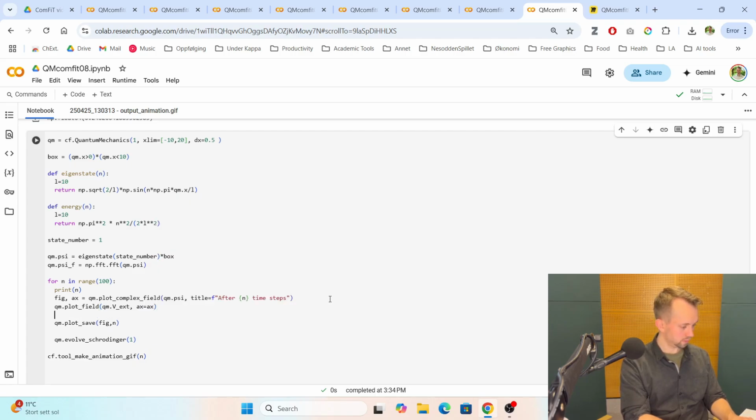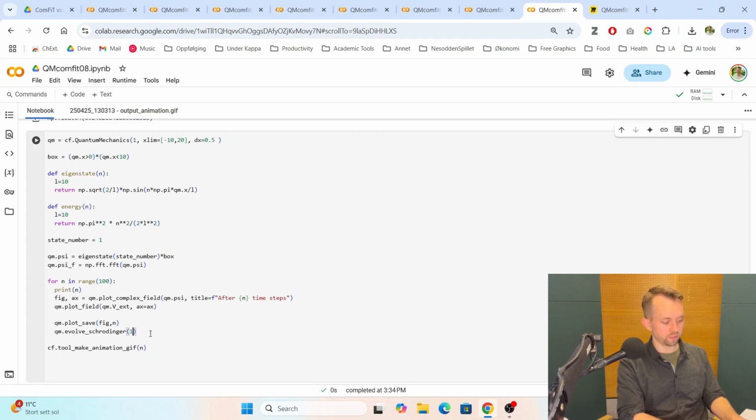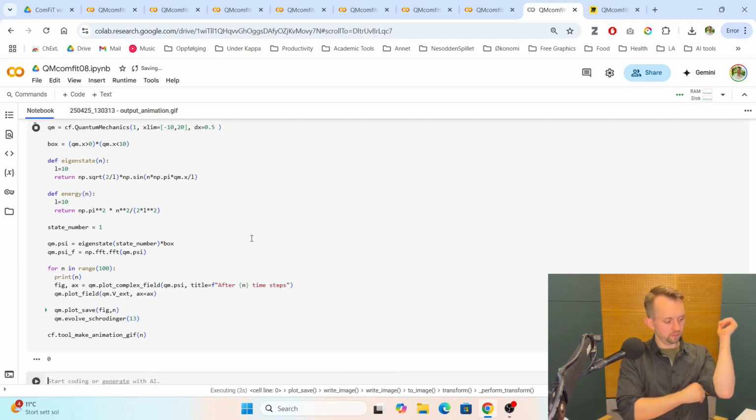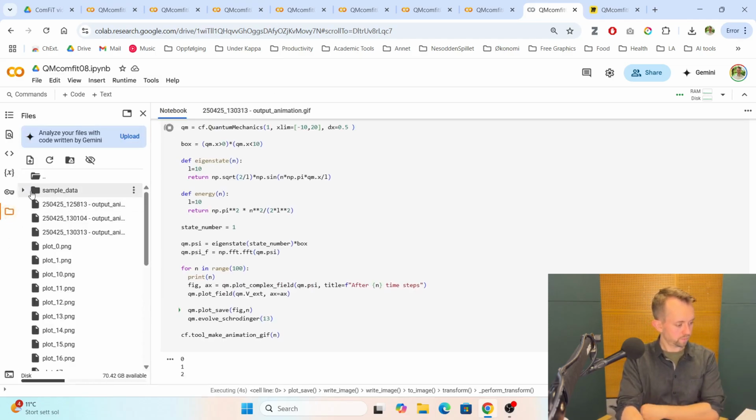And yes, we save the figure. And then we evolve the Schrödinger equation. I'm going to evolve the Schrödinger equation for 13 time steps because I've found out that that's useful. And then we're going to make the animation. So let's run it and see if it works.